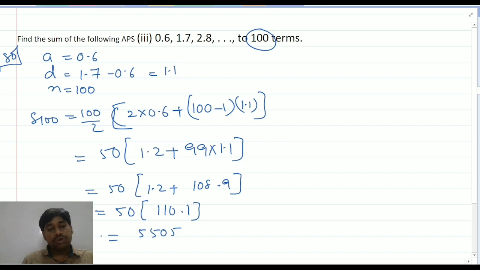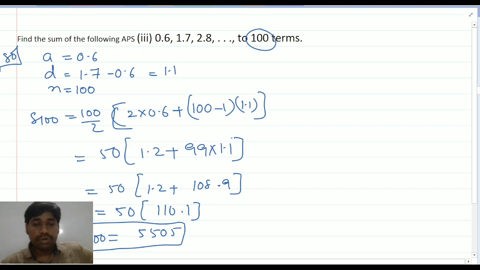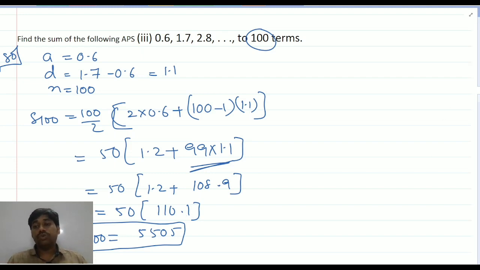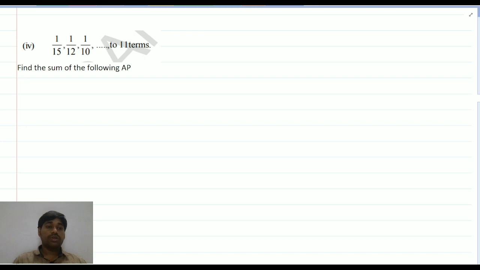So the sum of 100 terms we find like this. Simple, my dear students. You have to do the multiplication here, then add, and afterwards multiply with 50. You can do that multiplication easily.